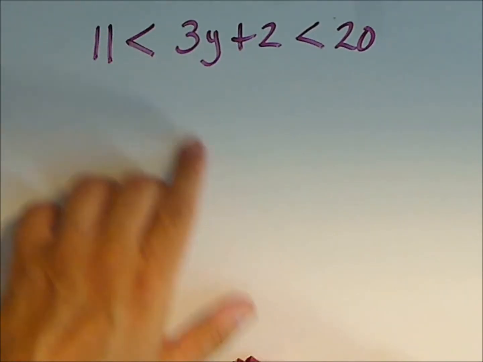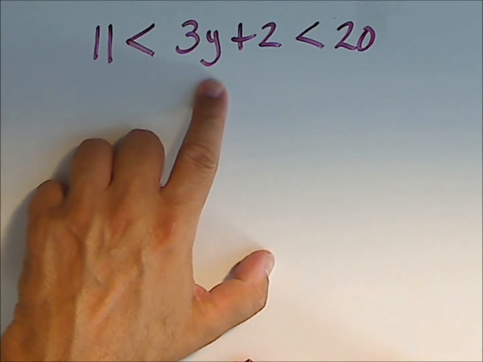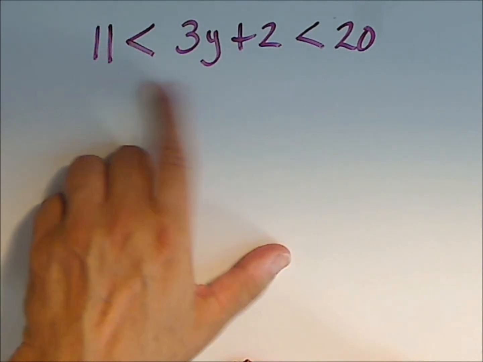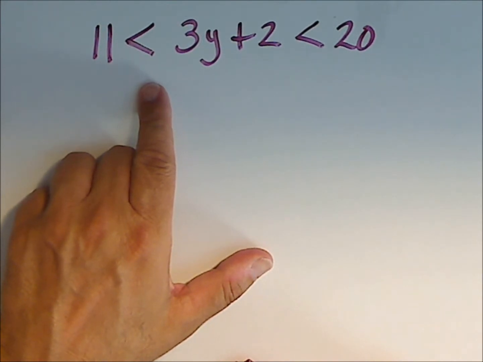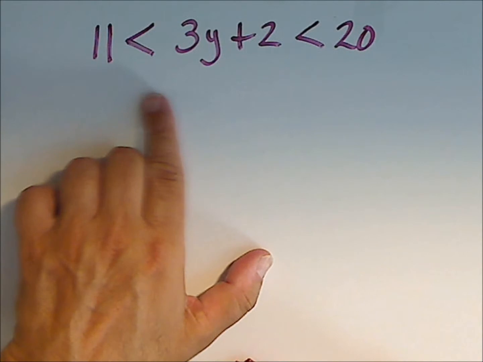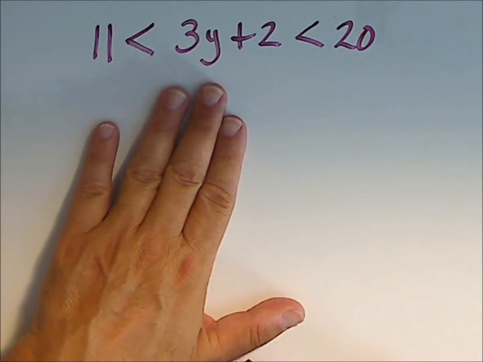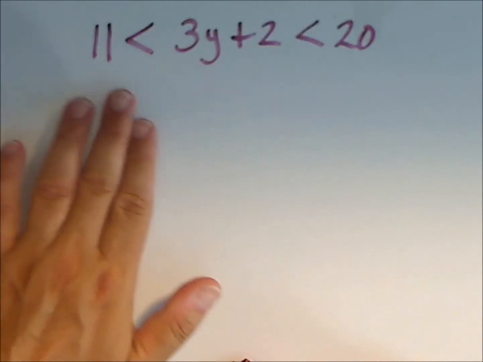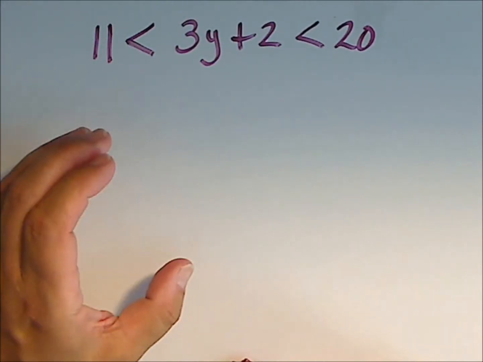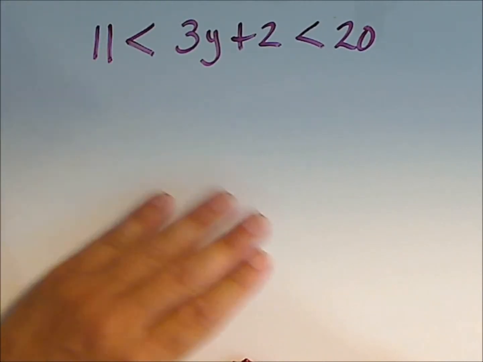Here's a problem where we have a variable in between two inequality signs. And as I told you, that normally means it's an and. Our book and most teachers do not do ors this way. So we could probably expect an and. Now, when you have these additional systems or these numbers, what you do to one side, you do to the other.